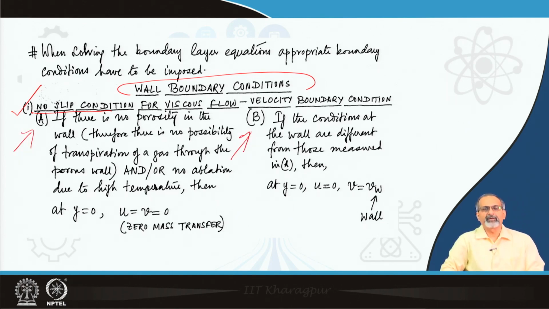In A, if there is no porosity in the wall, therefore, there is no possibility of transpiration of a gas through the porous wall in or out of the wall.